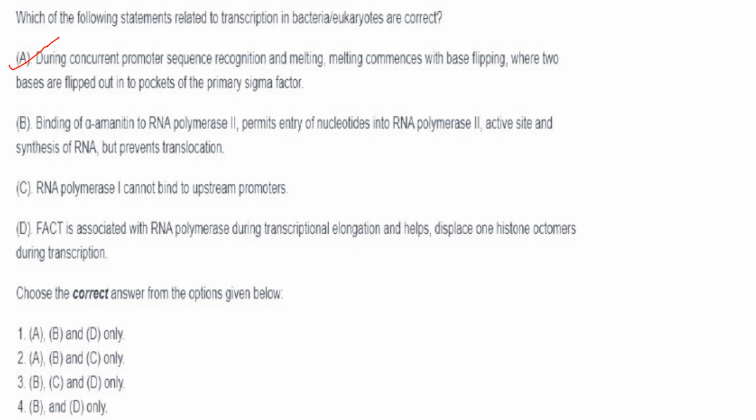In transcription, it is the stepwise movement of RNA polymerase along the DNA template, adding new nucleotides and helping in the elongation of the mRNA chain. That is translocation in case of transcription. So it is the movement of RNA polymerase along the DNA template, adding nucleotides, resulting in elongation of the mRNA chain. That is translocation.